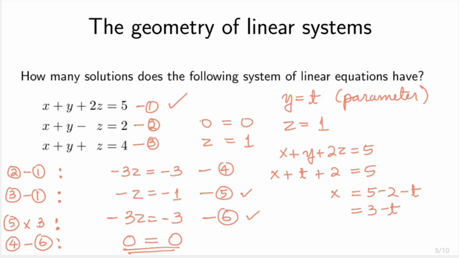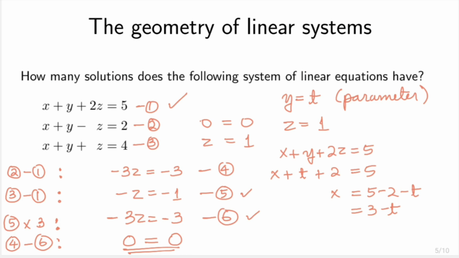So picking y equals t, we have that because z equals 1, x must be equal to 3 minus t. And t can be absolutely any value. That means that our system has infinitely many solutions.